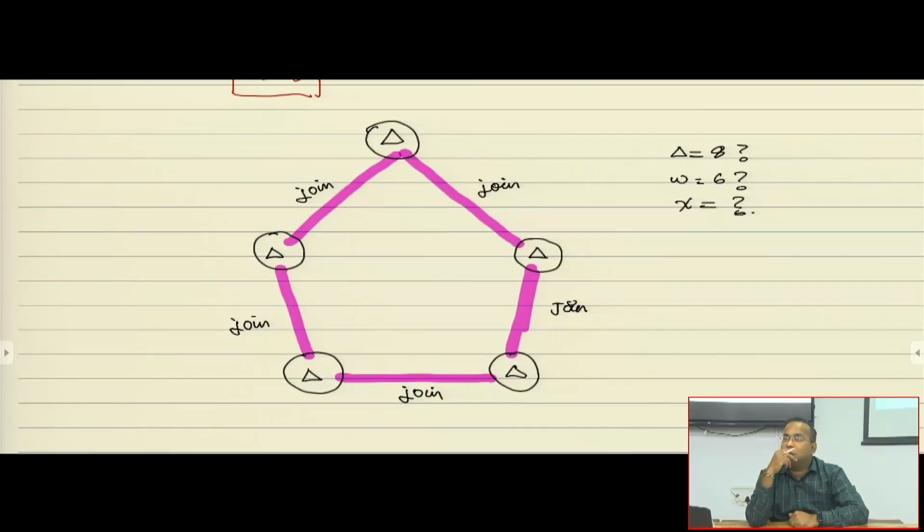Chromatic number is 3. So let us say we want to color this, and let us say here how many colors we need? 3 colors, right?